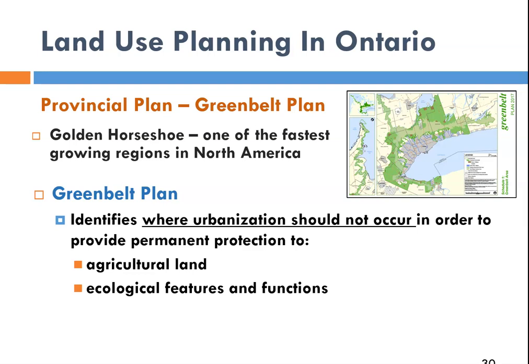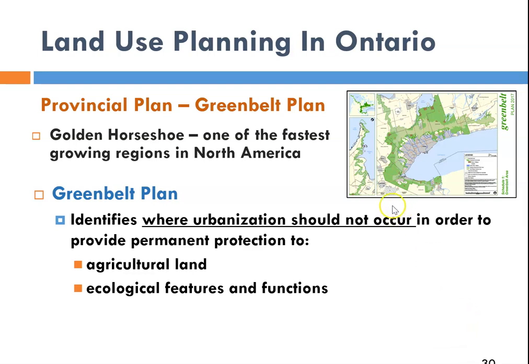And then think about the ecological features and the functions they provide. Those long tracts of forest provide habitat space, but they also provide ecosystem services that clean our air, filter our water and provide us with different products. So that is the central purpose of the Greenbelt Plan.